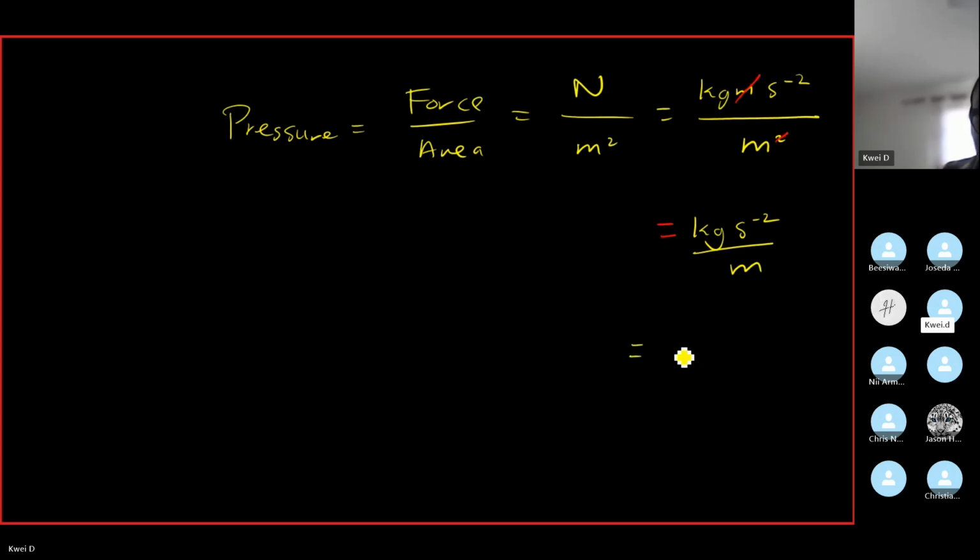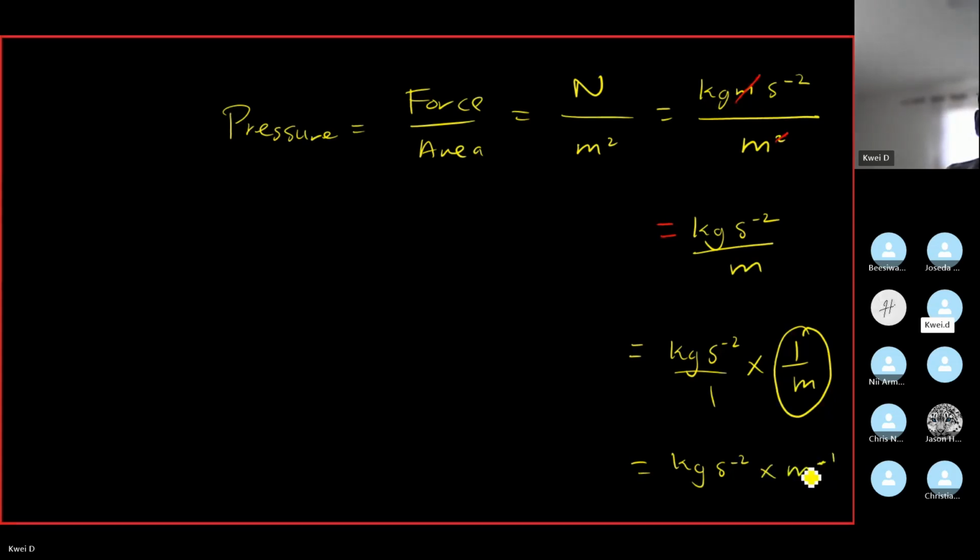Or you can say kg s minus 2, I'm making it very simple for you, times 1 over m. You see, this is inverse. 1 over m is m minus 1. So you can write this kg s minus 2 times m minus 1.